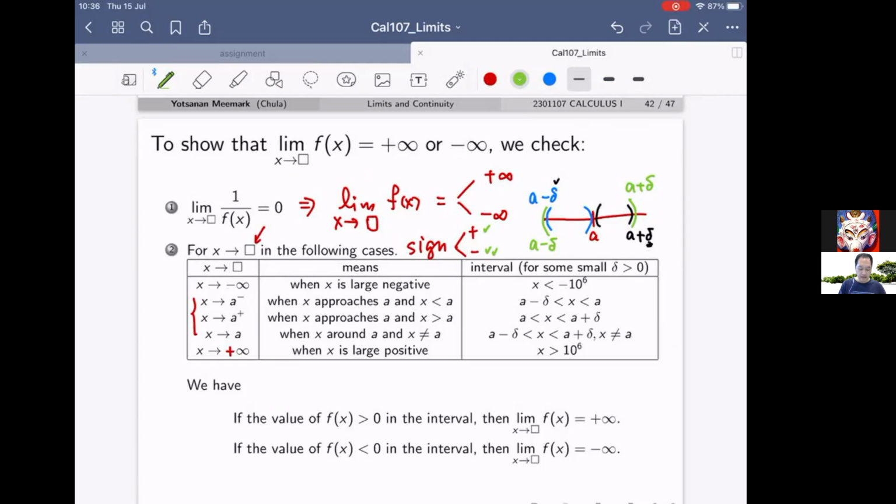On the other hand, if you're talking about positive or negative infinity, for negative infinity, you just find a pretty small number m here, such that for each and every x on the left hand side of this m, you can determine one sign of the function.